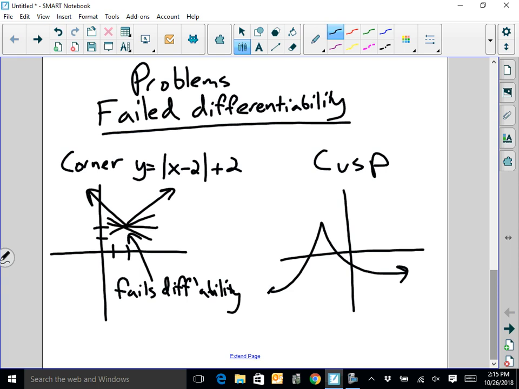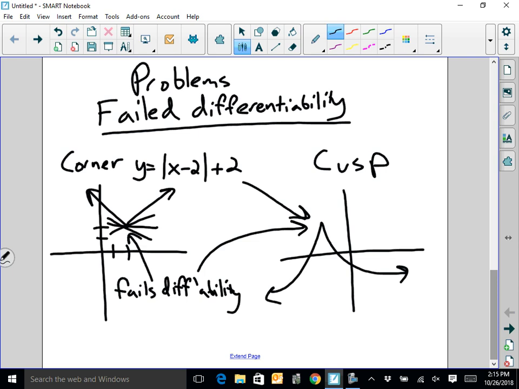Both corners and cusps are examples where we pass the conditions for continuity. However, we fail differentiability. Once again, that point right here fails differentiability. I can't do a tangent line slope here, right?